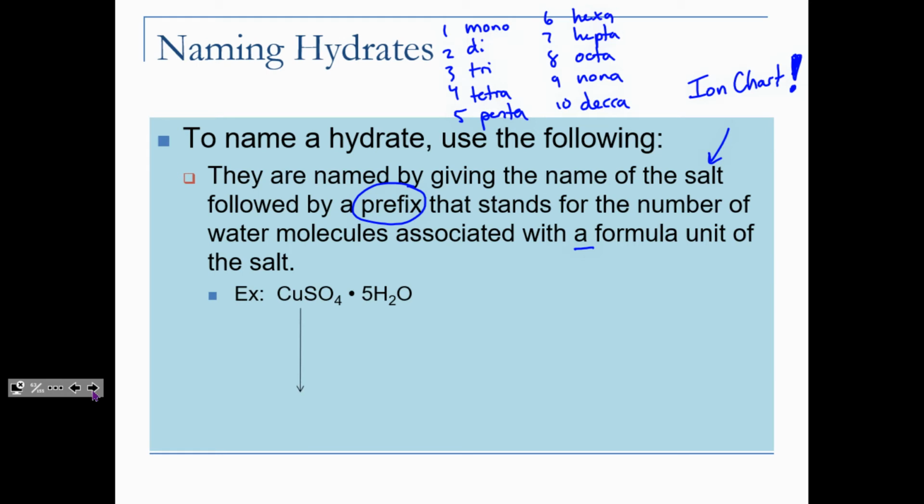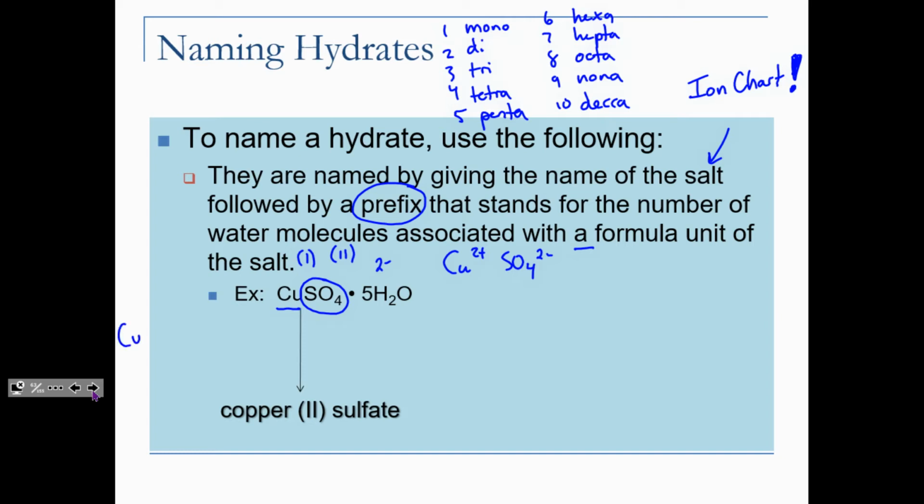So if I'm naming this one like I named earlier, we have copper, which is special. Copper can be 1 or 2. And then we have a polyatomic ion here, which is sulfate, which has a 2- charge to it. So this would be copper 2 sulfate, because the 2 plus cancels out the 2- on sulfate.